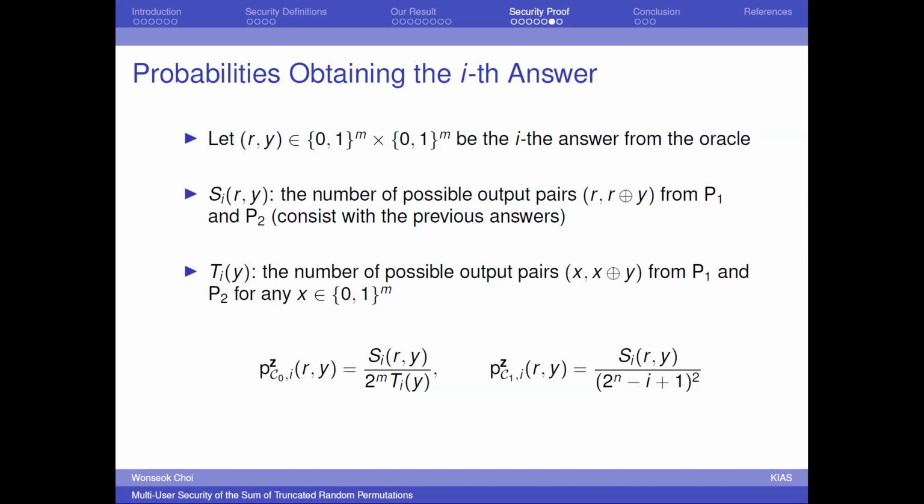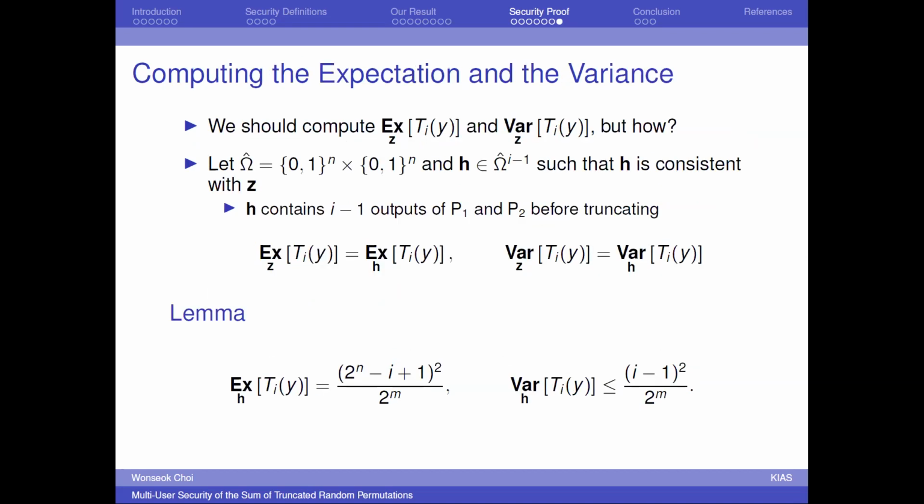As you can see, S_i(R,Y) will cancel out, and we only need to consider T_i(Y). So how do we compute the expectation and the variance of T_i(Y), since we also compute the scale of T_i(Y), which can be expressed by the variance?